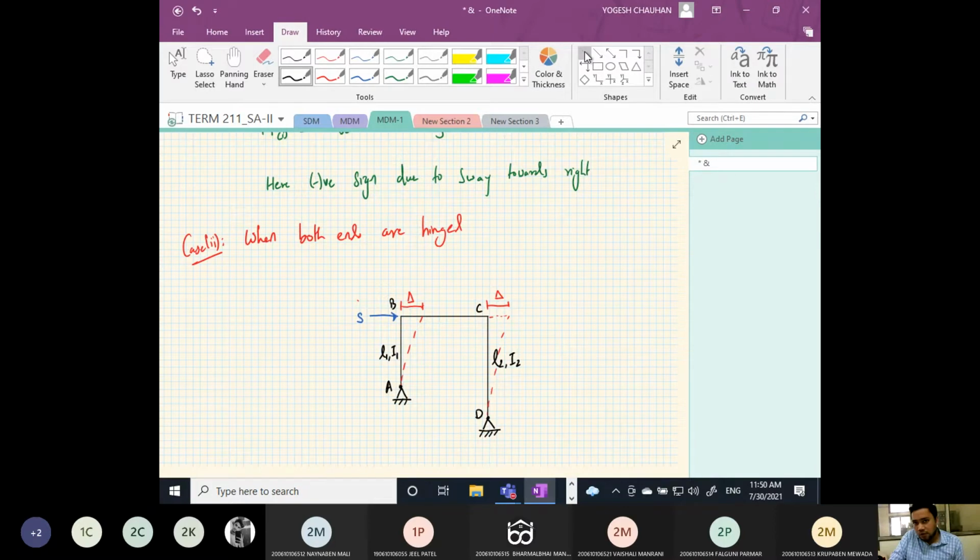Again we can separate the members. So this will deflect like this.